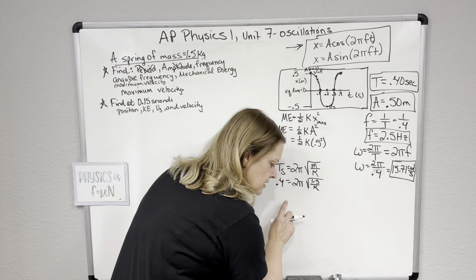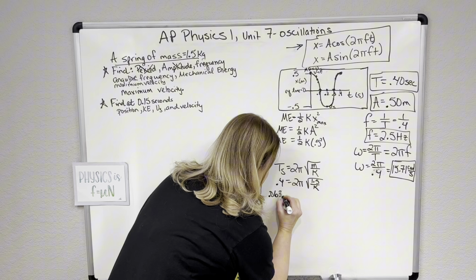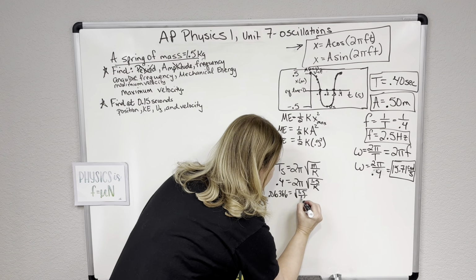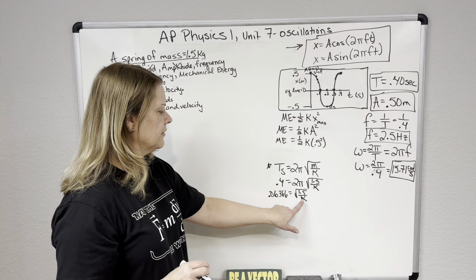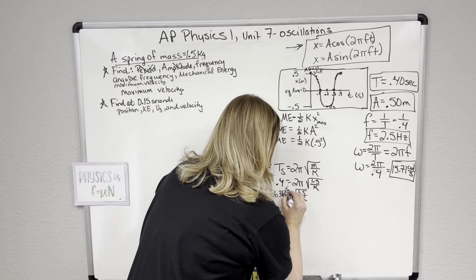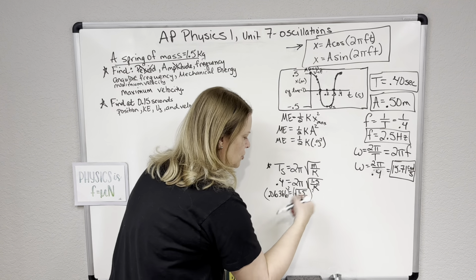I'm just going to go ahead and write in some numbers. 0.06366 equals the square root of 1.5 over the spring constant. 1.5 is the mass. What I did was just divide both sides by 2 pi. Now I'm going to square both sides, because that square root squared is just what's underneath it.